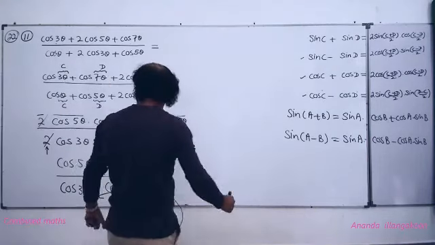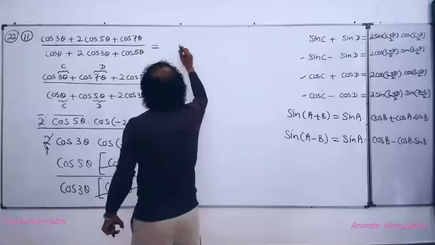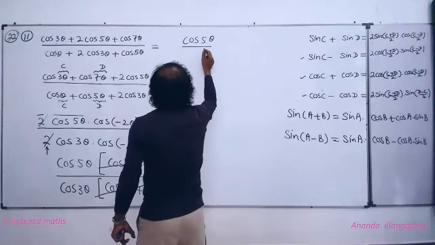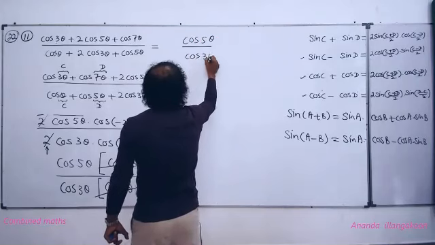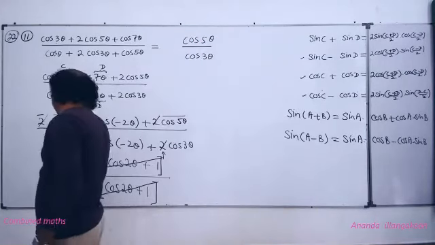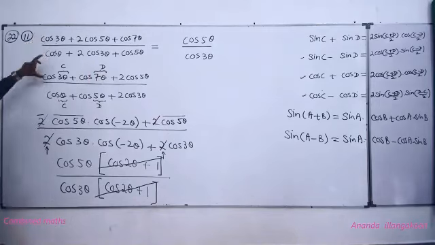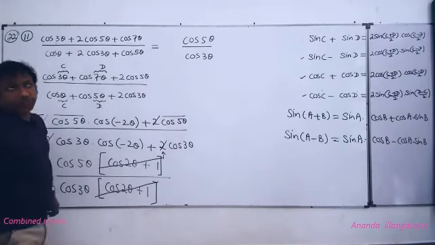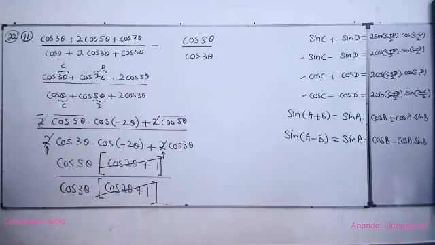Now we have this one, cos 5 theta divided by cos 3 theta. Right. This one only, people, we keep simplifying, writing like this. So therefore this equals this, that way we can write, right?